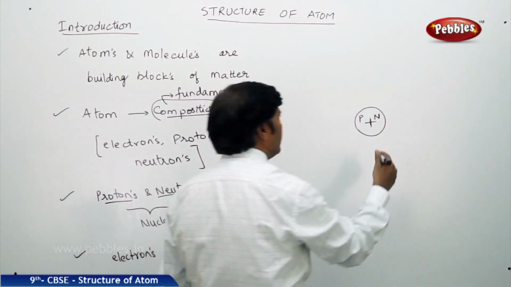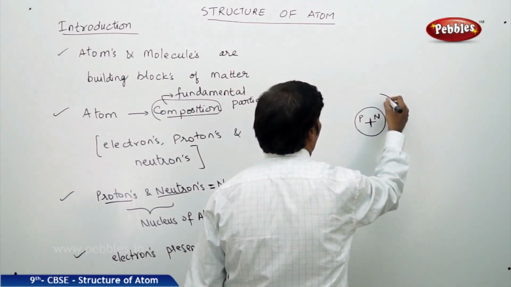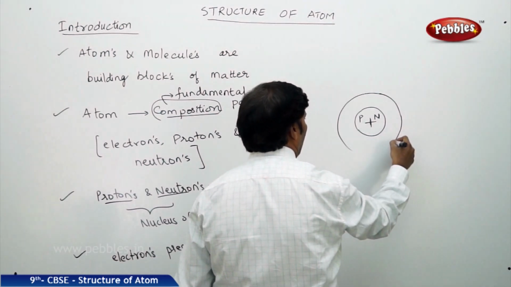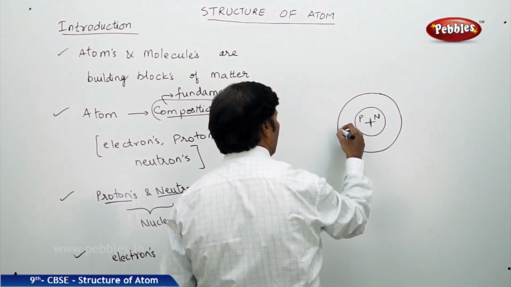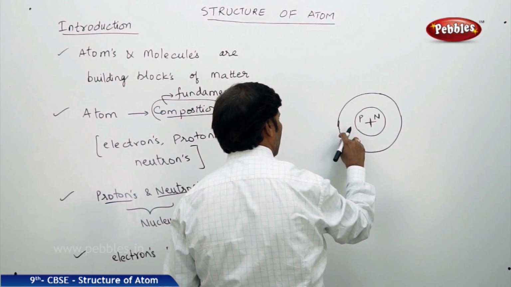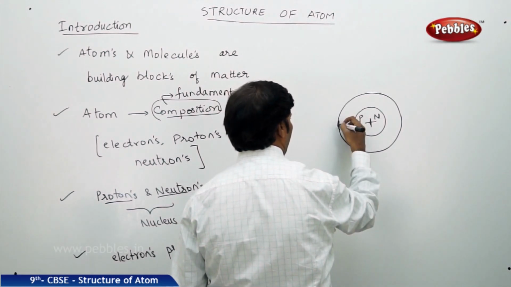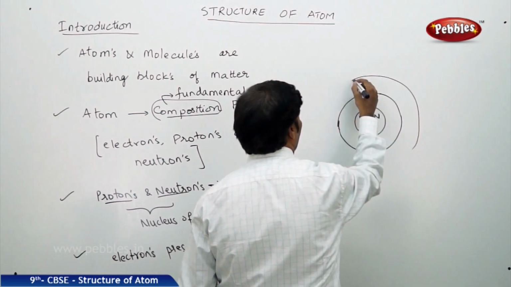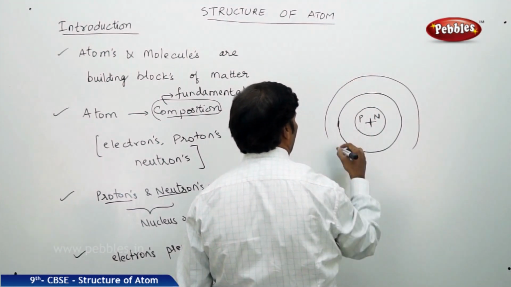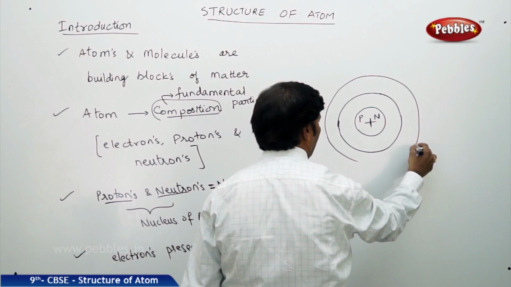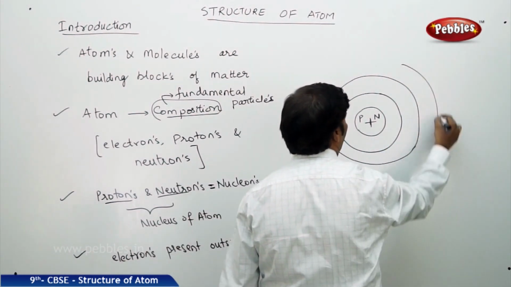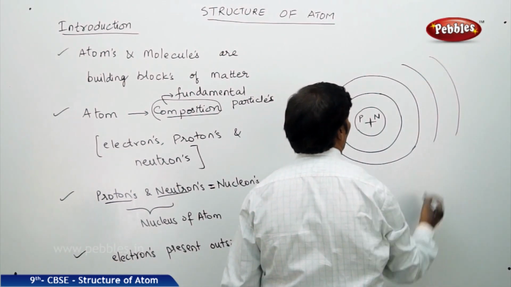because you know very well that the atom is spherical in shape, I am going to draw a few circular orbits, but not many. This is the first circular orbit, then the second circular orbit, then likewise third circular orbit, fourth, and so on.